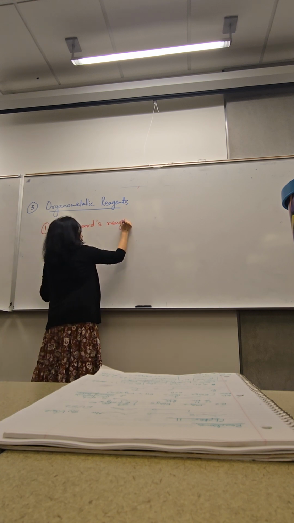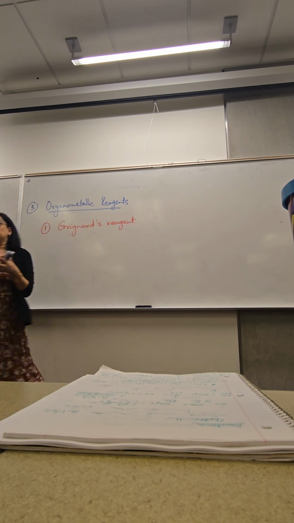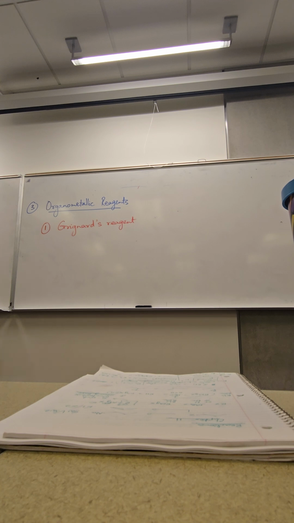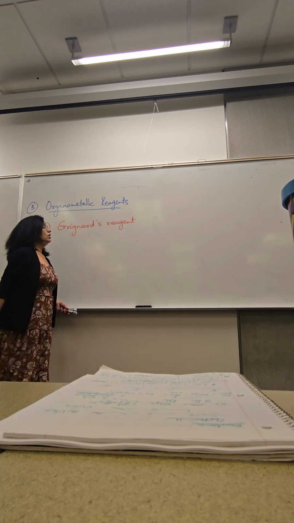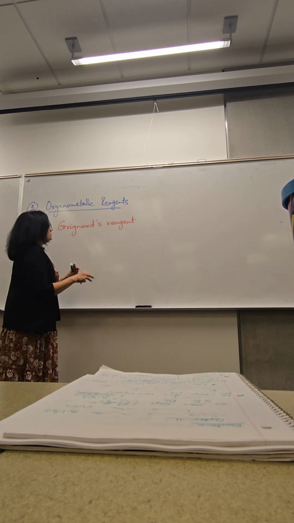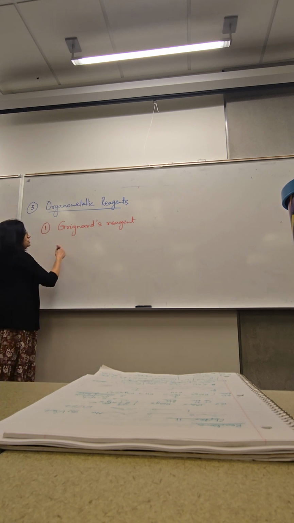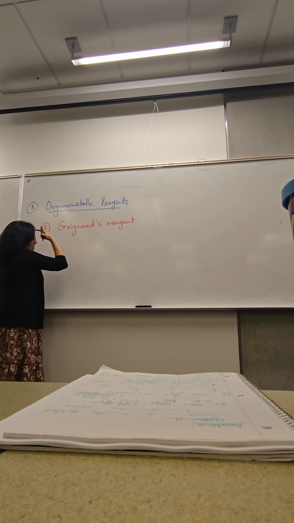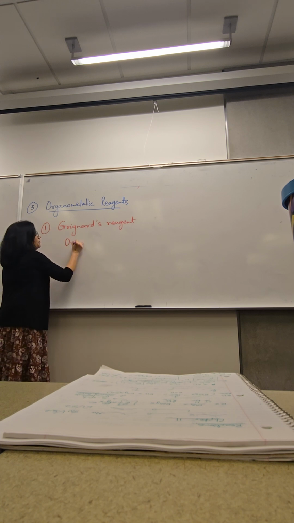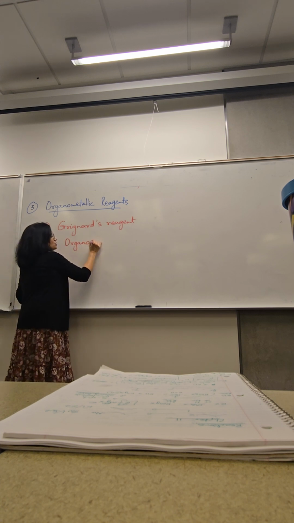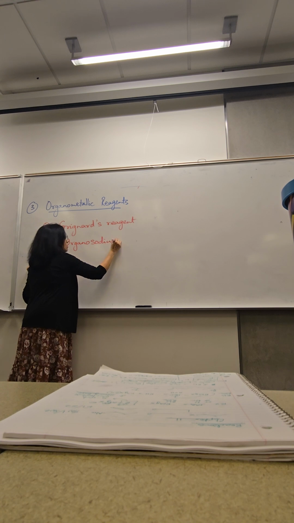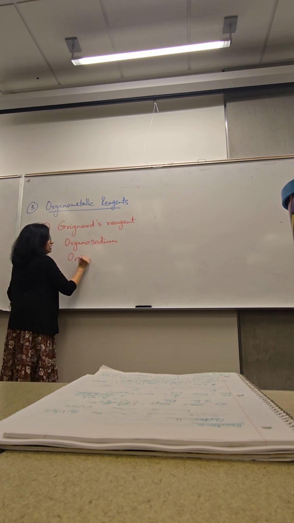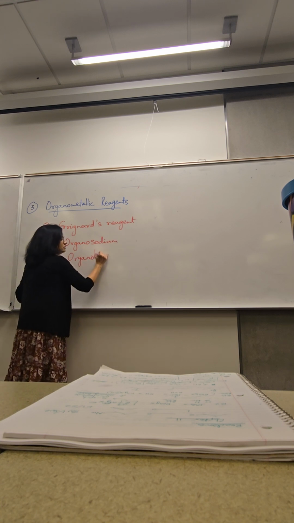Reagent means something you use to do a reaction. It's basically a reactant, because without that, the reaction won't go. Similar ones are organosodium or organolithium. These are the common ones used.